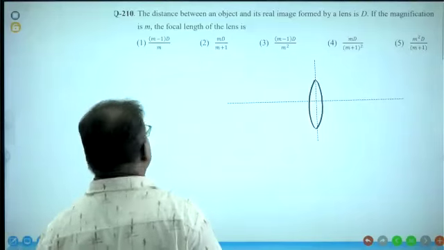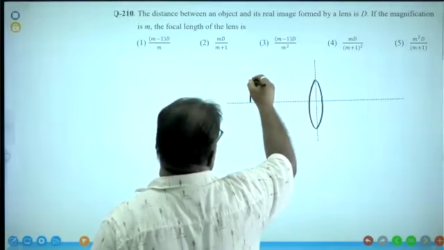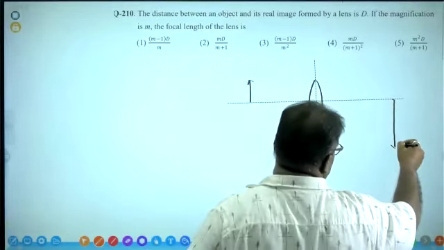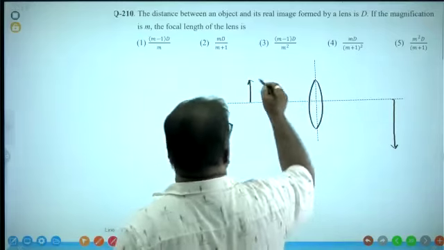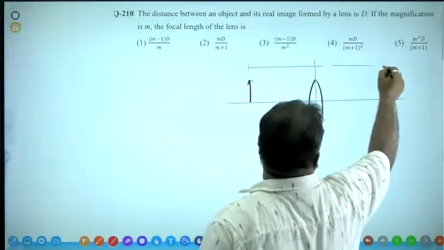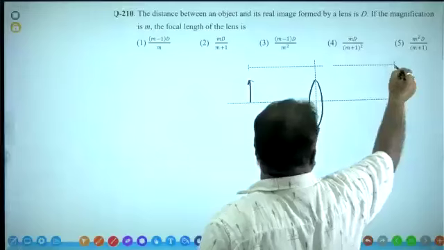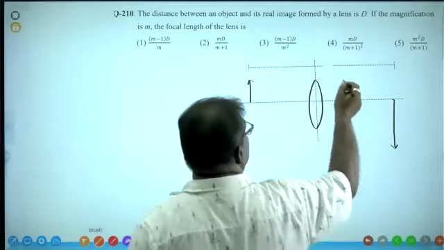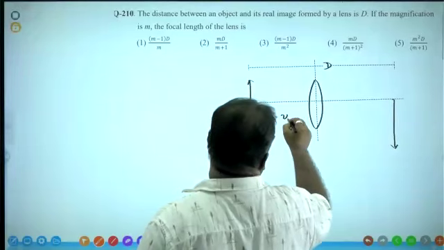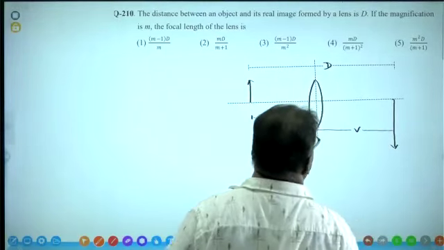Distance between the object and the real image. Let this one be the object, this one is the real image. This gap is d, no? Let this one be u, this one be v.